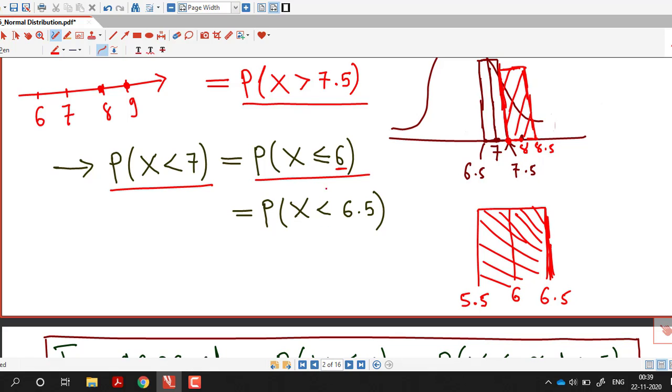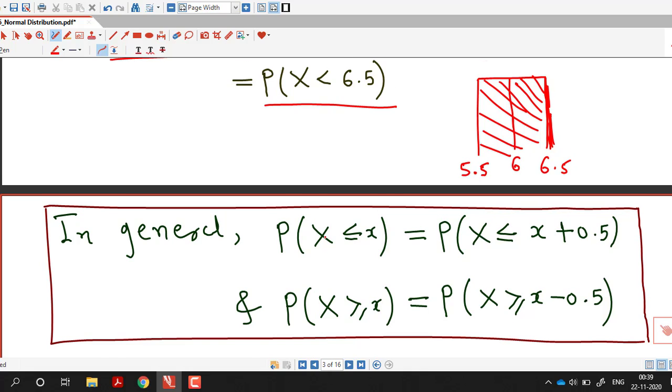So this is equal to the probability that X is less than 6.5. In this way we have to be careful while approximating the binomial distribution by the normal distribution. We always have to add the continuity correction factor.